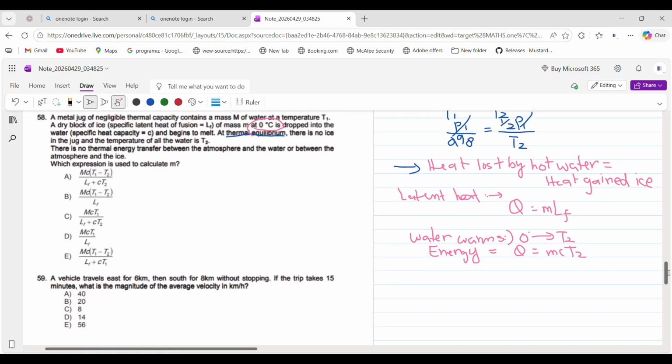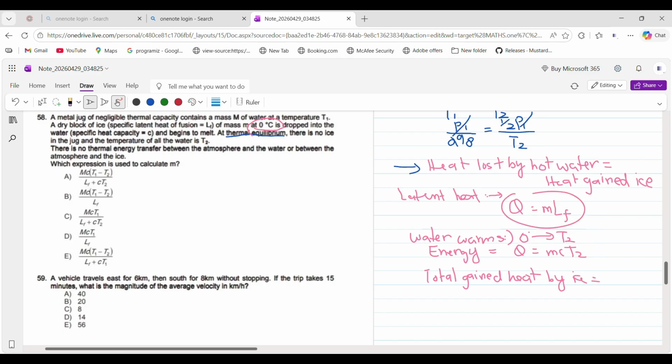Now the total heat gained by ice, or required by ice, both are the same thing.